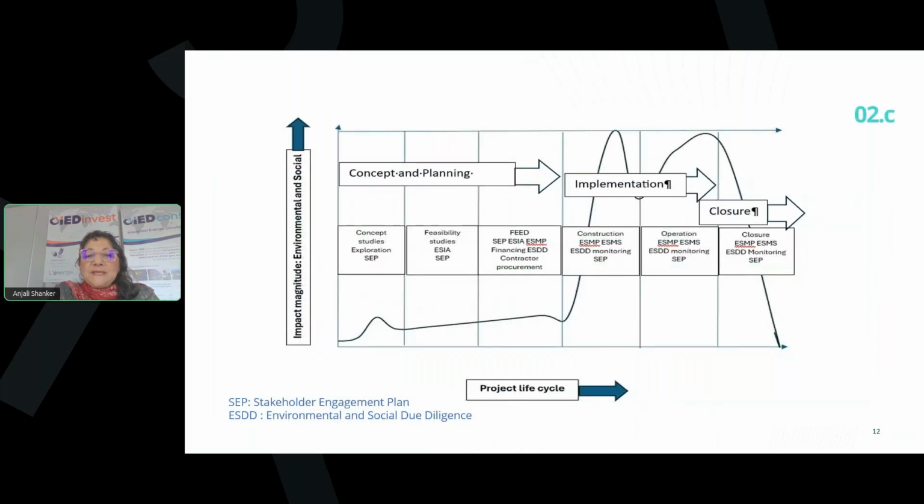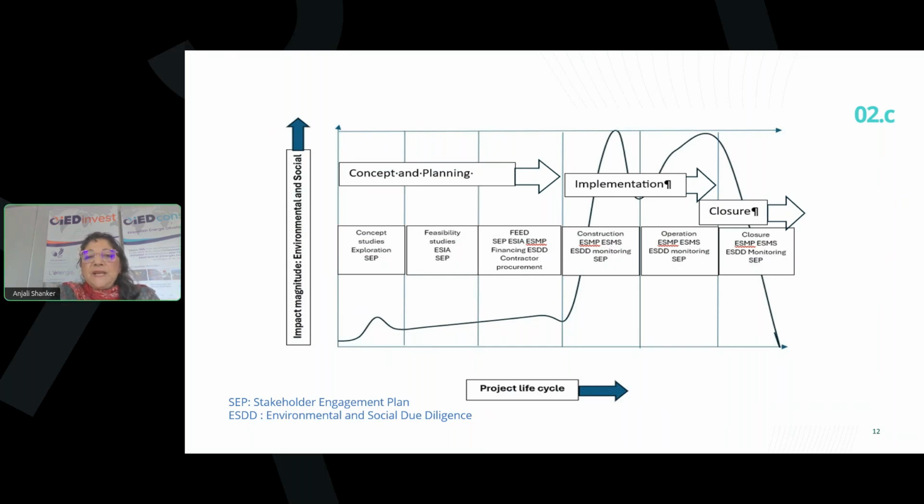So with this introduction, what I would also like to highlight is that environmental, social, and governance approaches and standards actually apply throughout the project lifecycle. During the first stages of concept and planning, there are challenges, like going through the due diligence. And the success of a mini-grid actually goes with engaging right from the start with the communities.